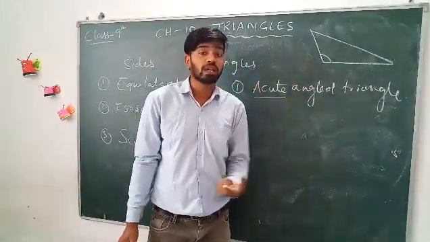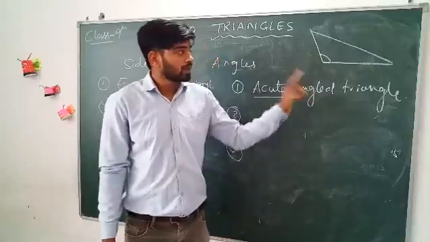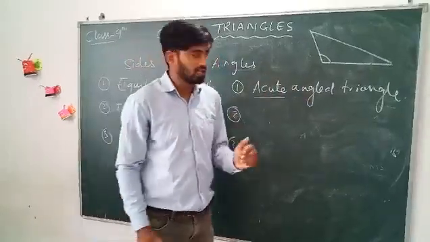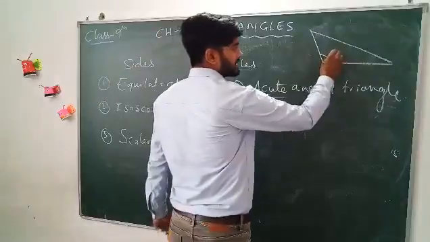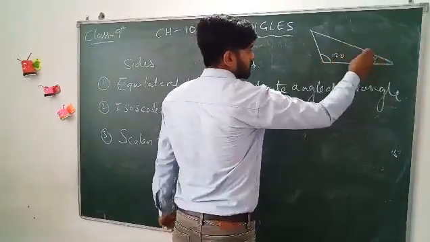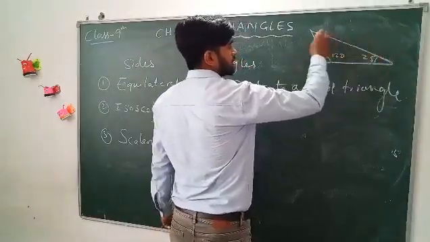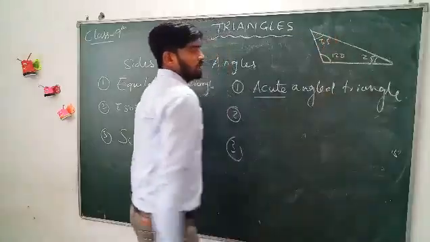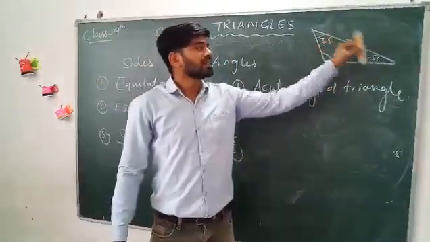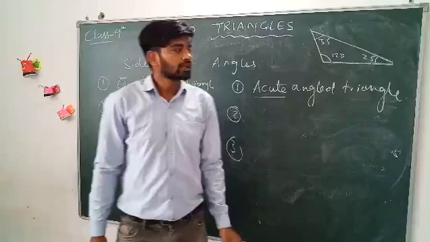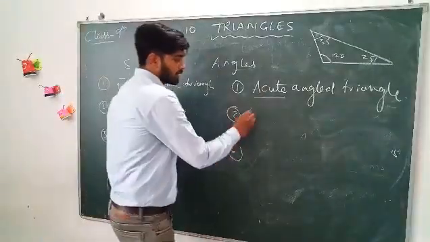So, for example, let's say this is 120, this can be 25, this can be 35. If one is more than 90 and the other two are less than 90, then we call it an obtuse angle triangle.